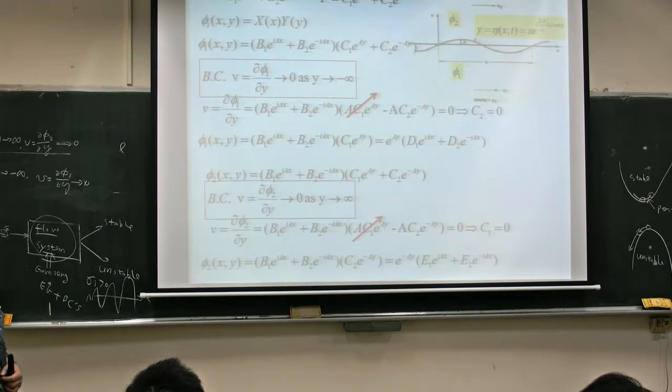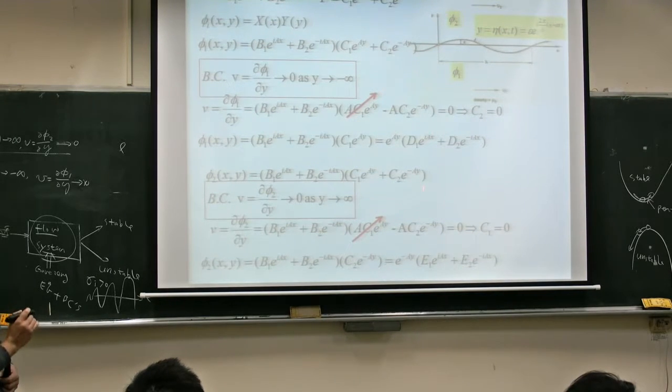And we apply the far field boundary condition. As you can see, v, which is partial phi 1 partial y, approaches 0 when y equals minus infinity, because phi 1 is a perturbation velocity potential. Phi 1 should eventually disappear, because it only exists very near the interface.